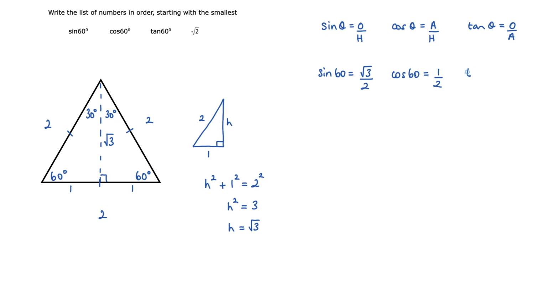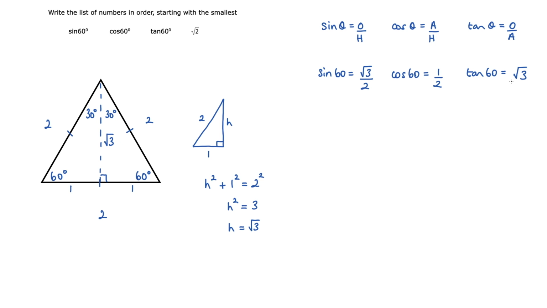And finally, we've got tangent of 60, which is opposite over adjacent. So again, opposite the 60, we had root 3. Adjacent, we've got 1. Root 3 over 1, or just root 3. So I've got 3 values here that should be quite easy to put in order.